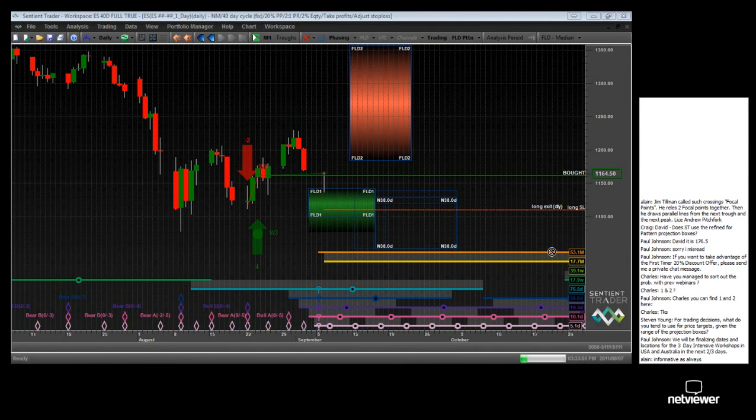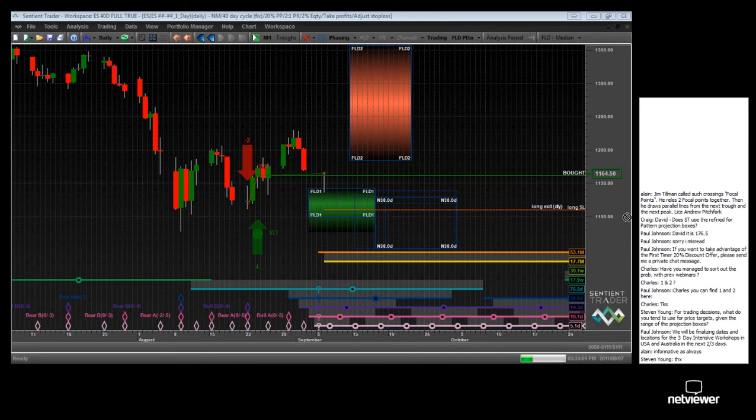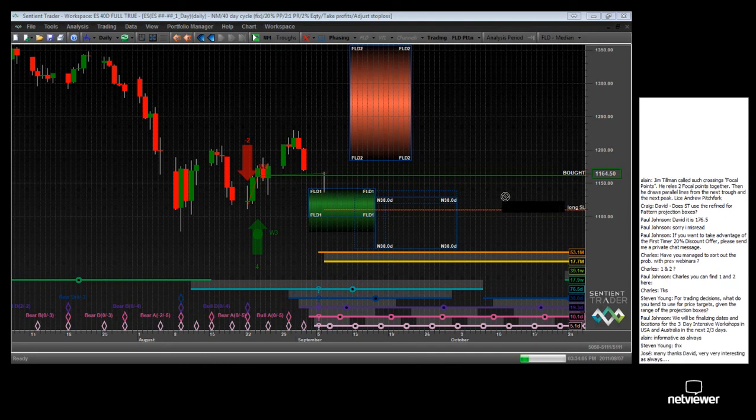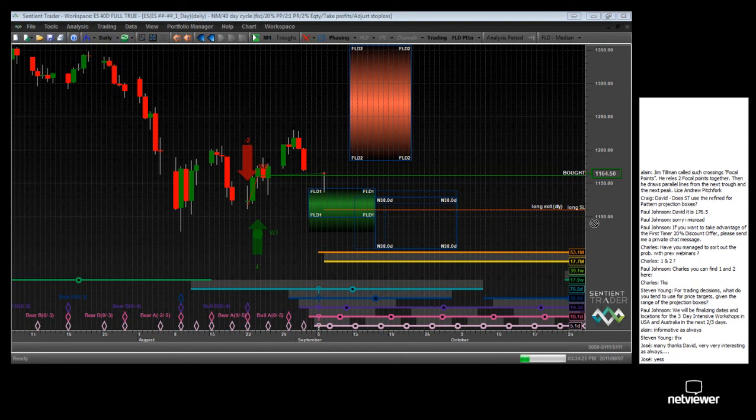Price has dropped into it. There's the low, just dropped into that. And so Sentient Trader has moved this circle, which is the trigger point or the start of the next projection leg, to that bar. If Sentient Trader didn't think there was a possibility that the next move up had started, then that circle would actually be over here in the center of that box. Okay, I hope that makes sense.